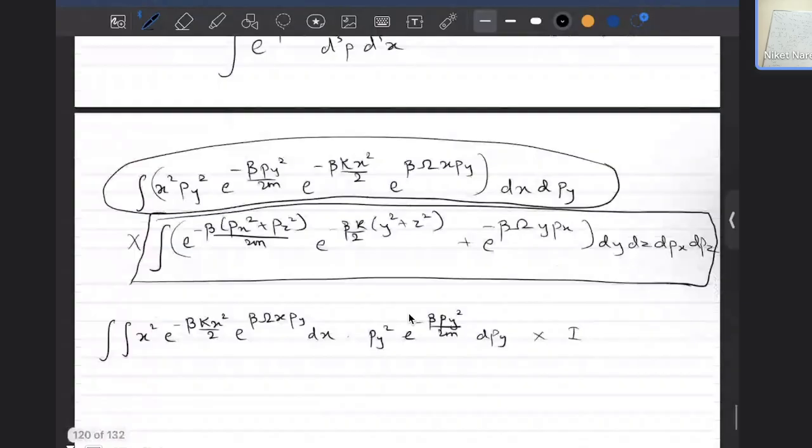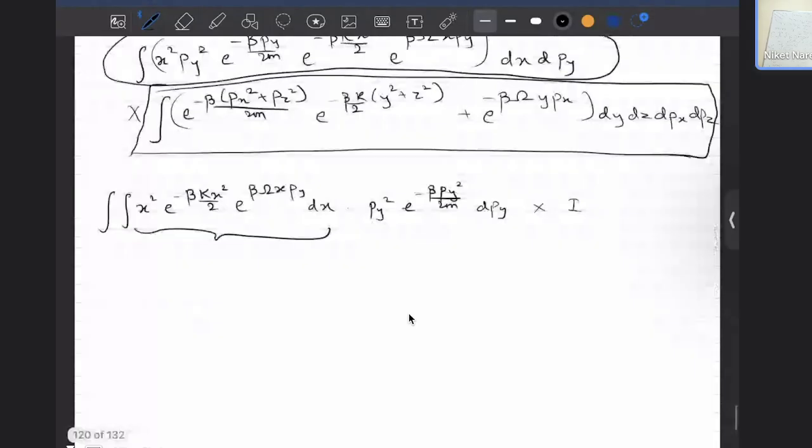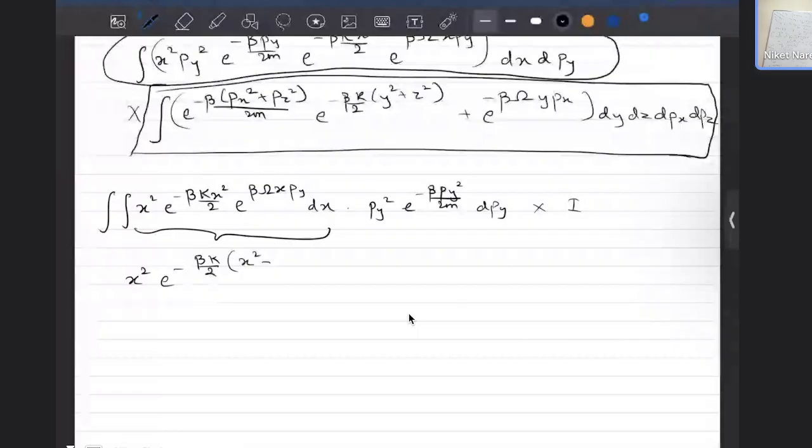Evaluating only this part for now, what I get is x squared e to the power minus beta kappa by 2 times x squared minus 2 omega py by kappa x, where the beta has been taken out.